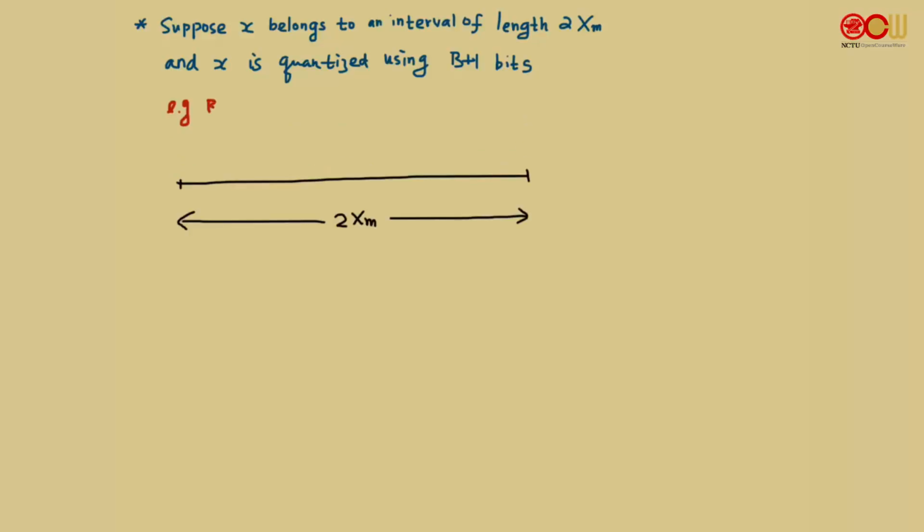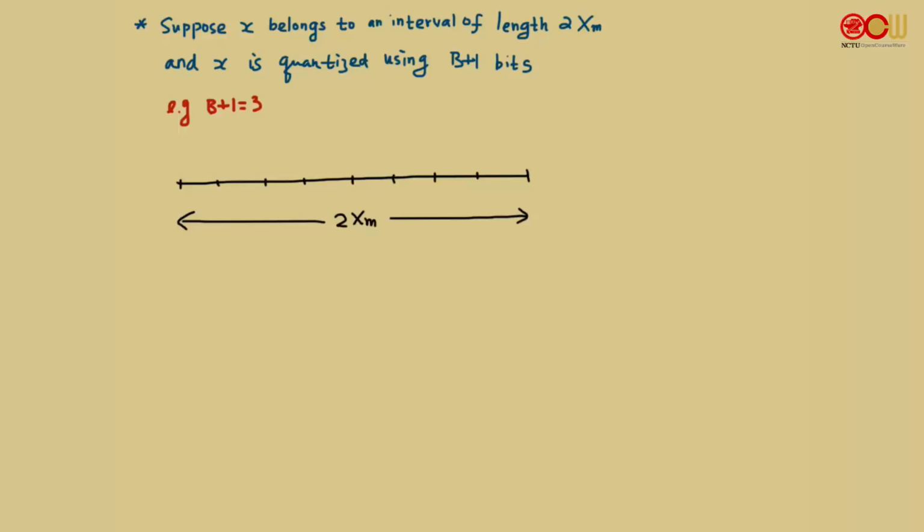For example, b plus 1 is equal to 3, so a 3-bit quantizer, b equal to 2. Then as in the previous example, we would divide the range of x into 2 to the 3 cells.